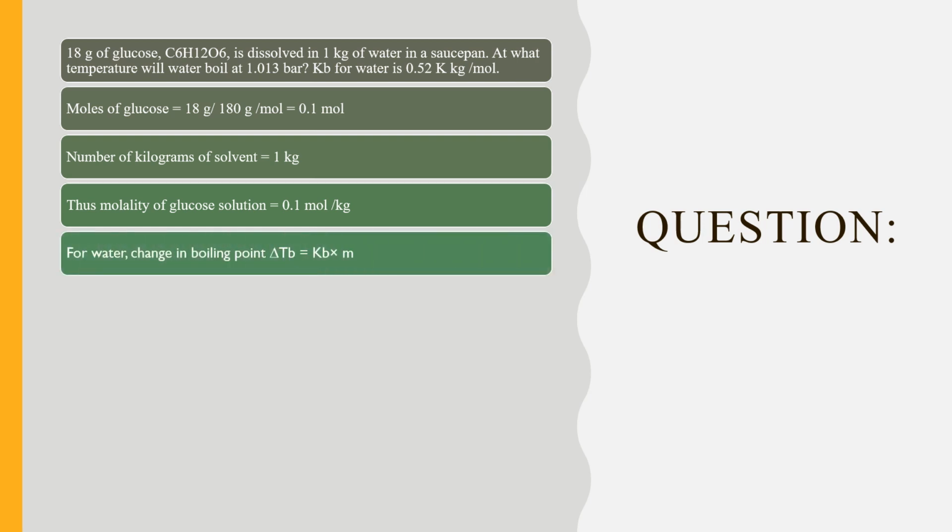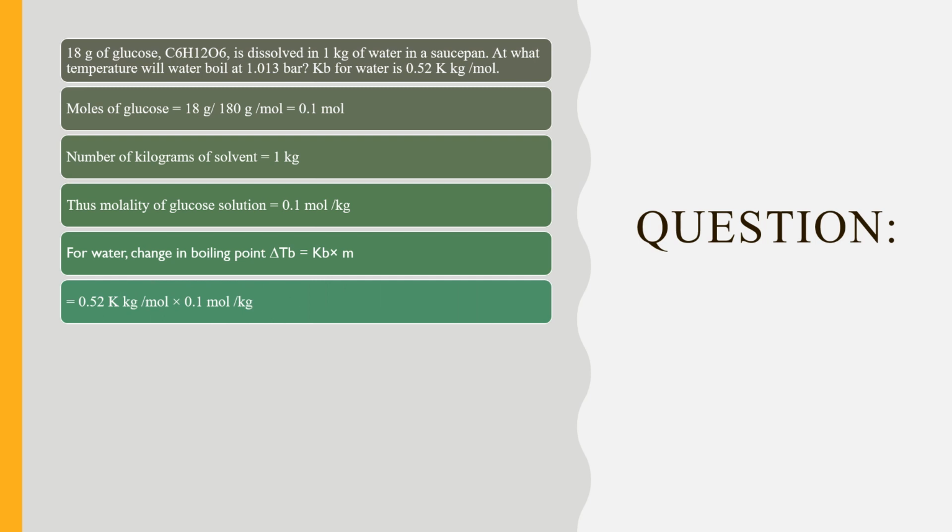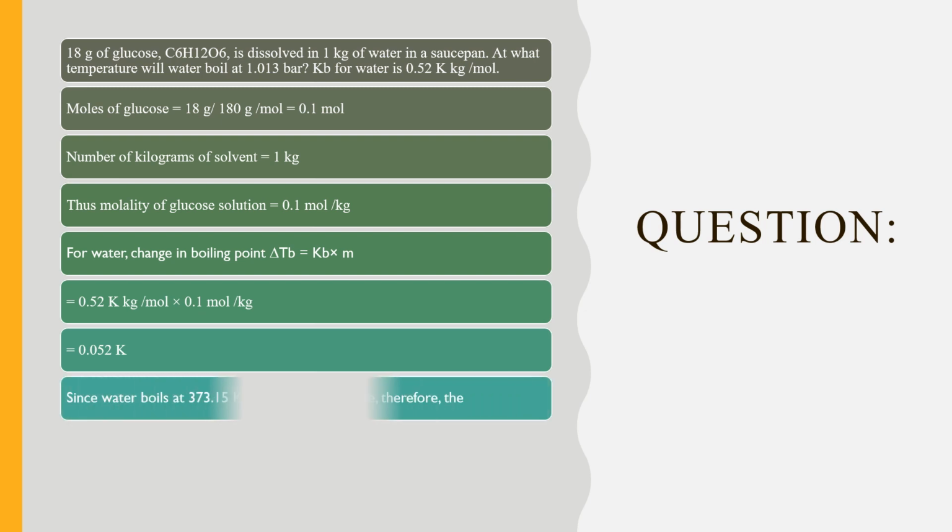For water, the change in boiling point delta Tb will be equal to Kb into m, and on putting the value of molality and Kb, we will find the value of delta Tb, that is 0.052 Kelvin.